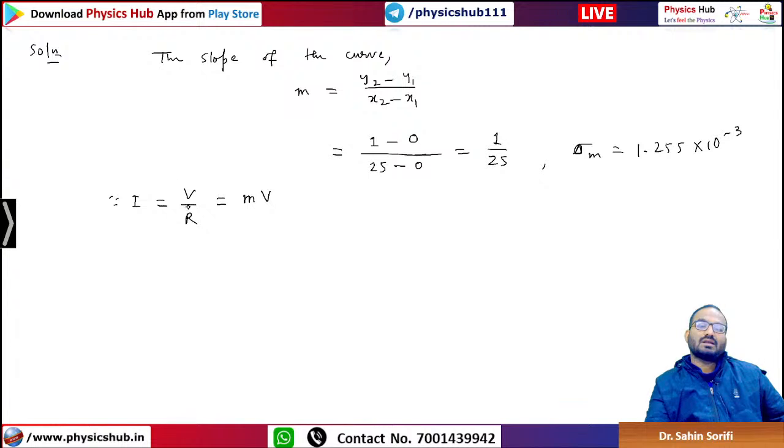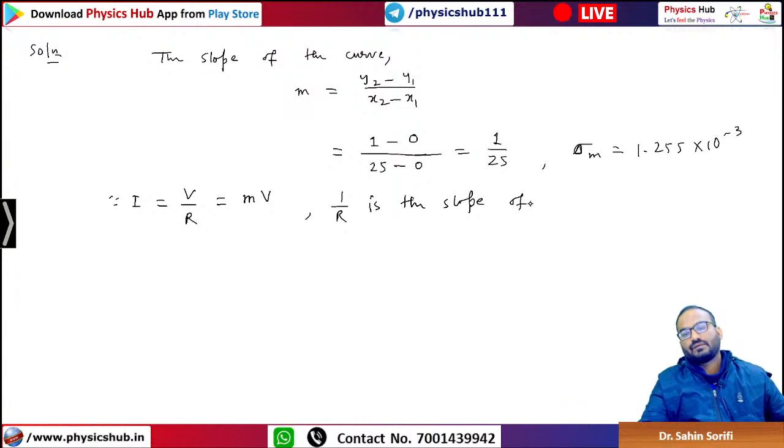But 1 by R is the slope. 1 by R is the slope of the IV curve.